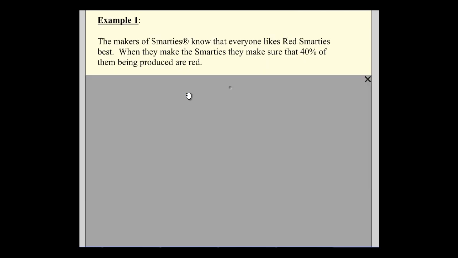I'm going to move right into an example here. So example 1. You're all familiar with Smarties, and the makers of Smarties, they're pretty smart. They know that most people actually like red Smarties, and they've had a lot of campaigns over the years about, do you eat the red ones last? So these Smarties, they actually make sure, since they're so popular, there's 40% of them being produced in every box.